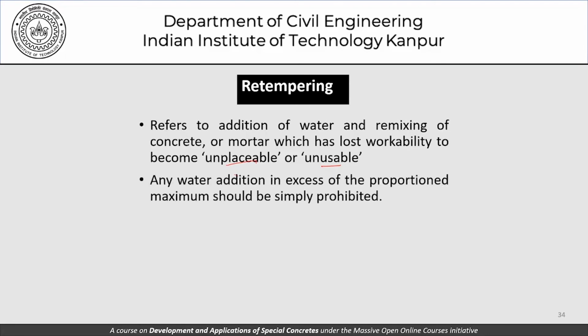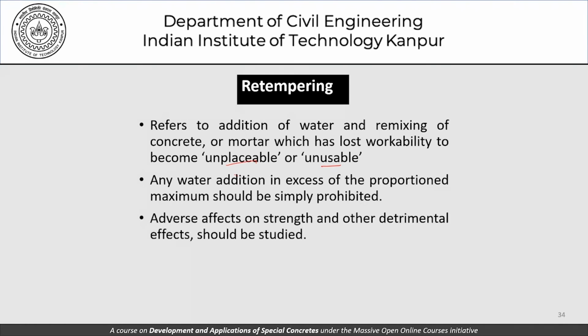Any water addition in excess of the proportion maximum, of course, is prohibited, and adverse strength effects and other detrimental effects should be studied. So all this discussion that we are having in different slides really points out very importantly to incorporating the site conditions into our planning and also implementing the construction sequence or the construction operations.